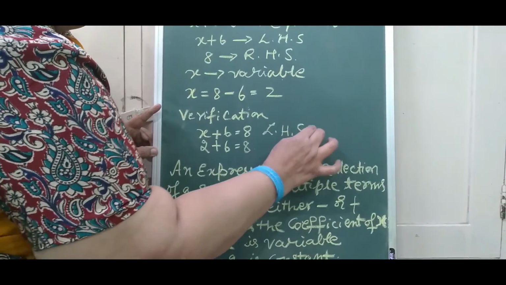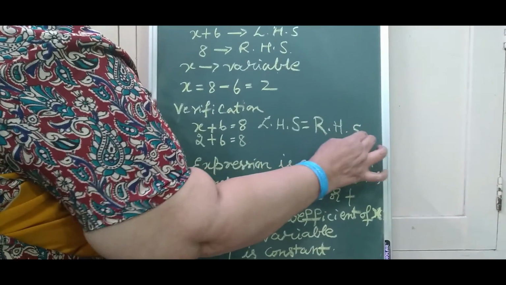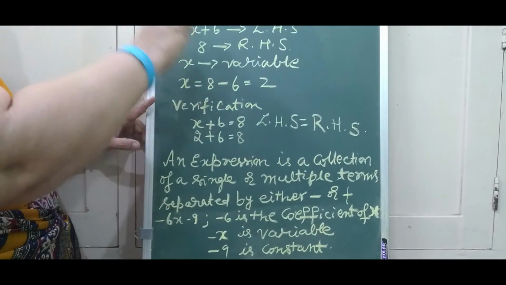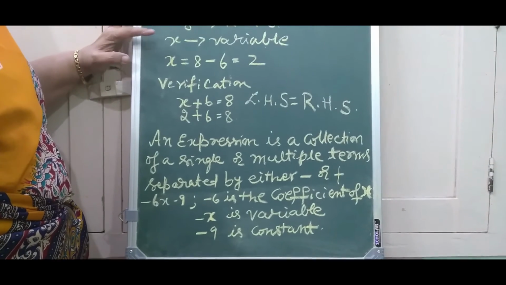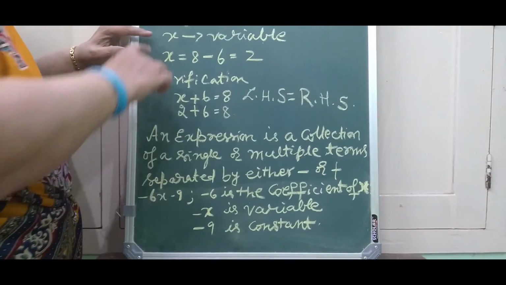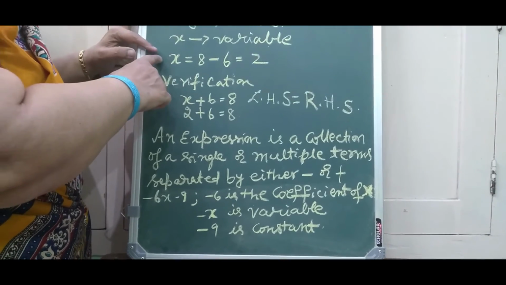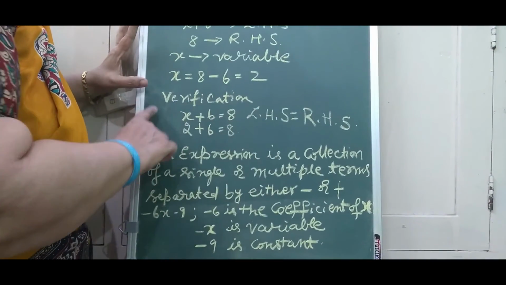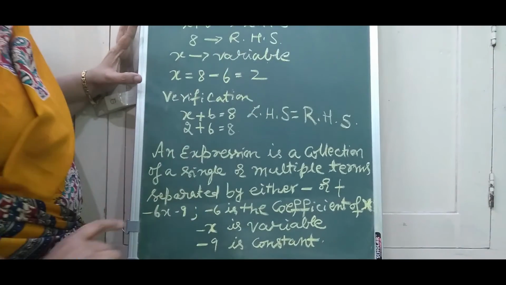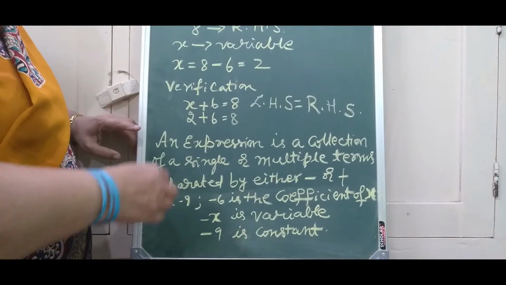LHS means left hand side is equal to right hand side. In this algebraic equation, we are able to find the value for the variable. X is the one variable we have, the value of x is 2, and we have proved that LHS is equal to RHS.